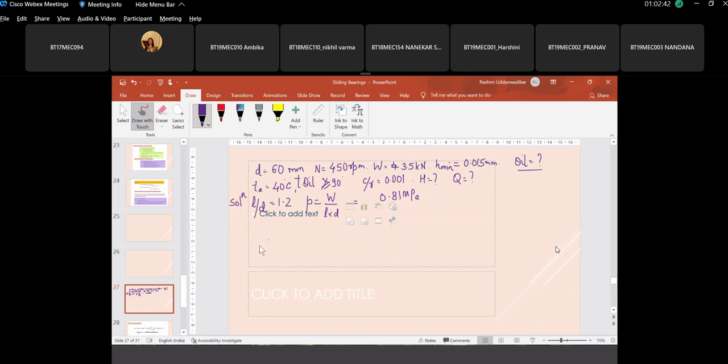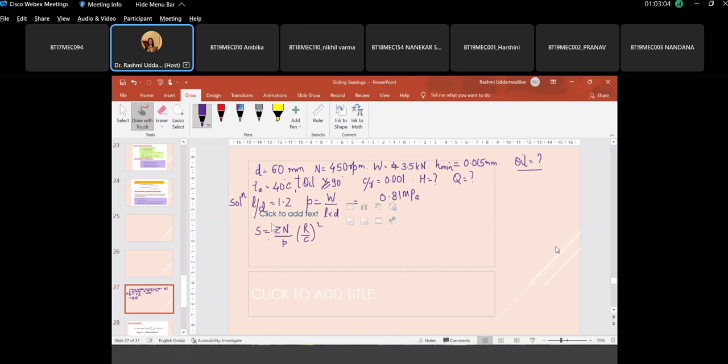Now we have to find out the oil, which means we have to find out the viscosity. We'll get the curve for Sommerfeld number, which is Zn by P into R by C whole square. R by C is known, N is known, P is known.